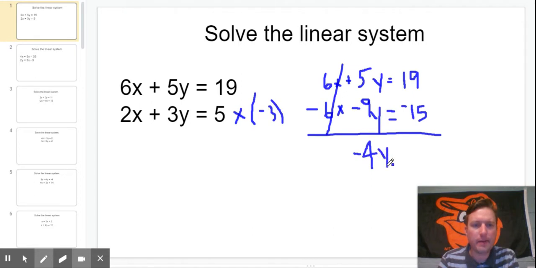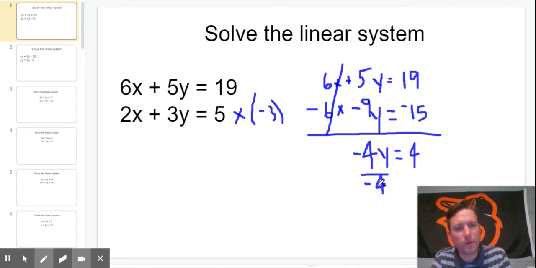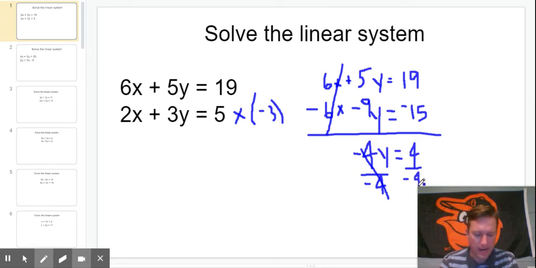And then if I have 19 and negative 15, I would get positive 4. I divide by negative 4 to isolate the variable from both sides. That cancels each other out. I divide 4 by negative 4, and I am left with y equals negative 1.